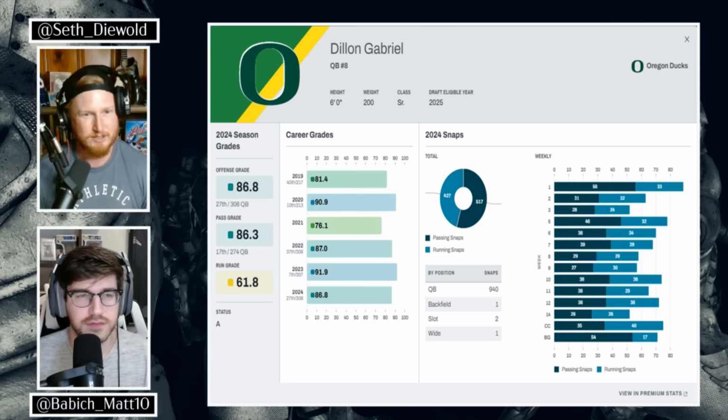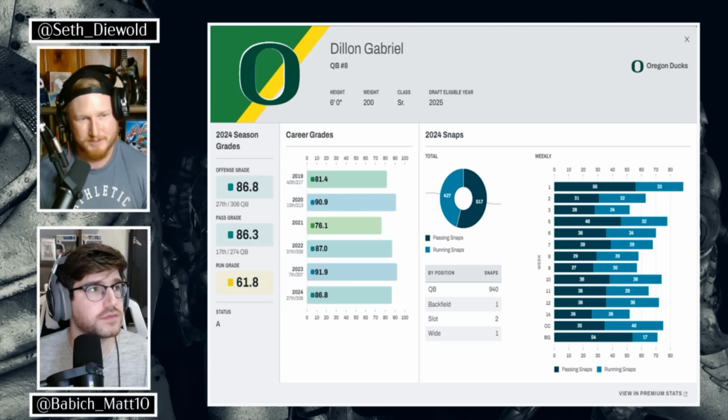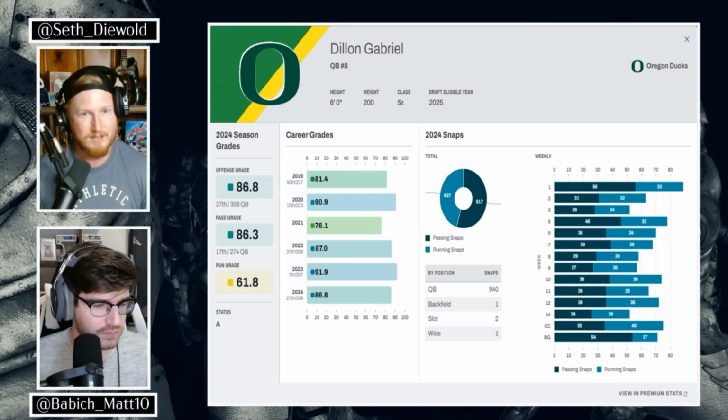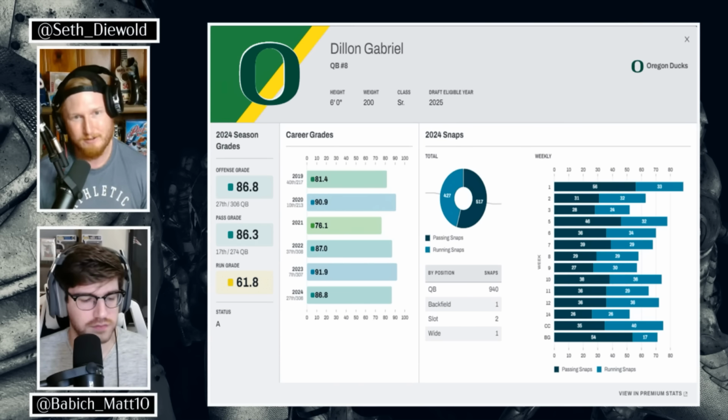And what makes no sense, additionally, is that Shedeur Sanders is getting drafted 5 rounds ahead of Dillon Gabriel in round 13 of a dynasty startup. That's preposterous, because the rookie quarterback they should at least give some opportunity to is the quarterback they took before Shedeur Sanders, Dillon Gabriel, because he was better in college.